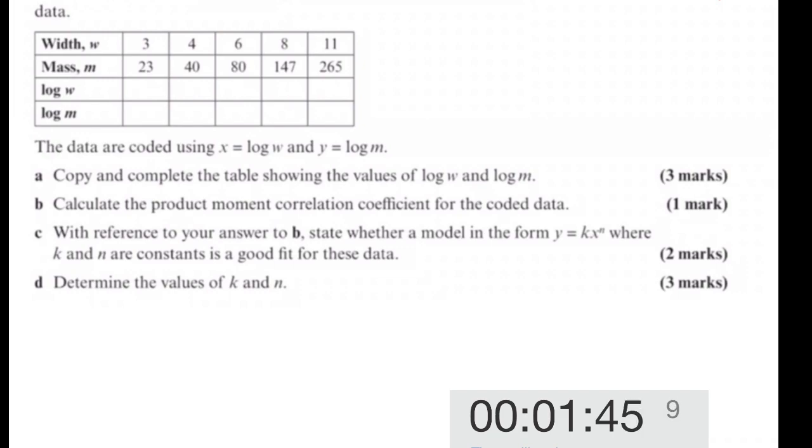No, because we're still plotting. Some of them aren't linear data, so the non-coded data wouldn't have a linear correlation. So yeah, they would be different. Let's just draw a picture.